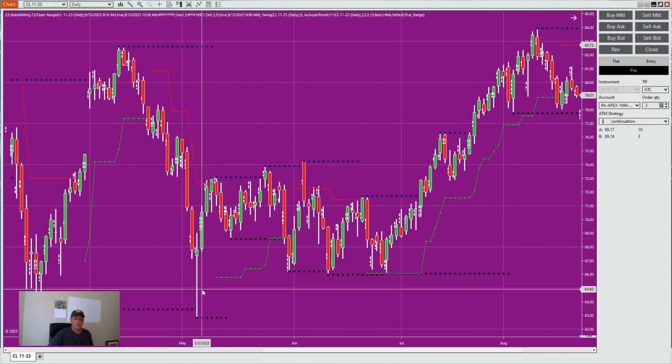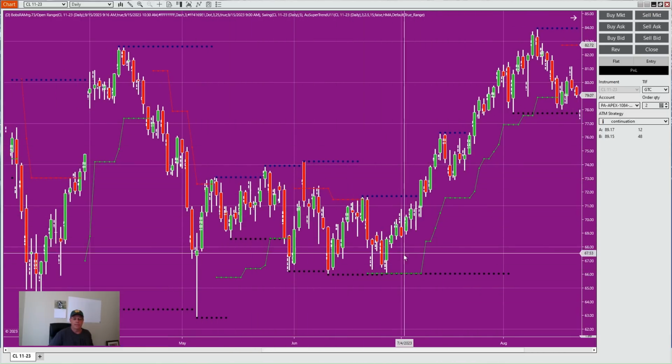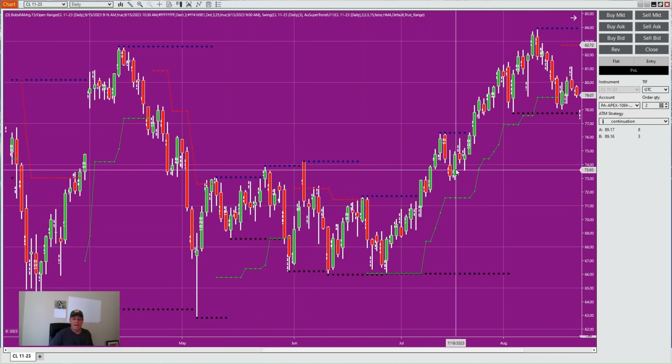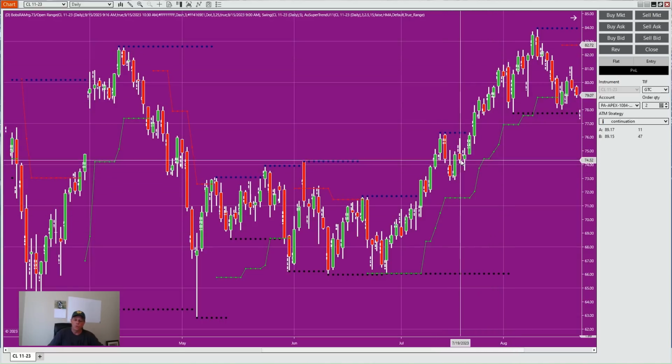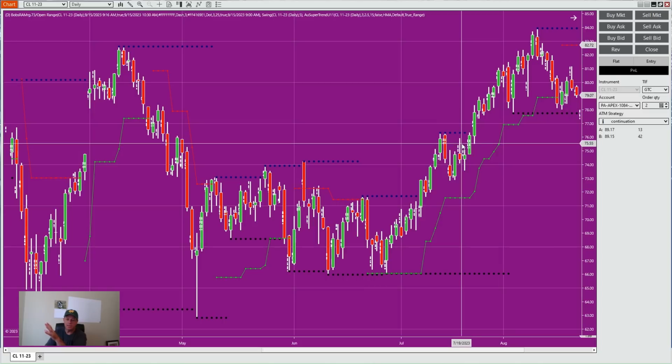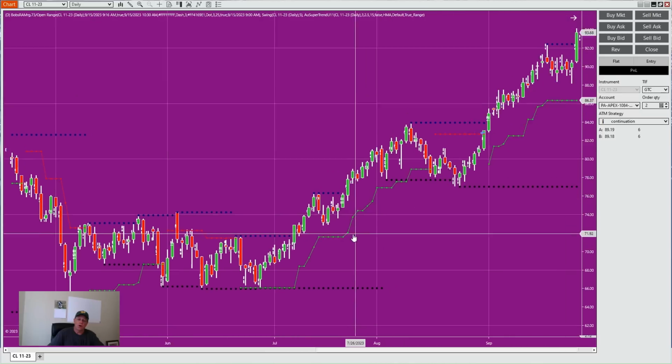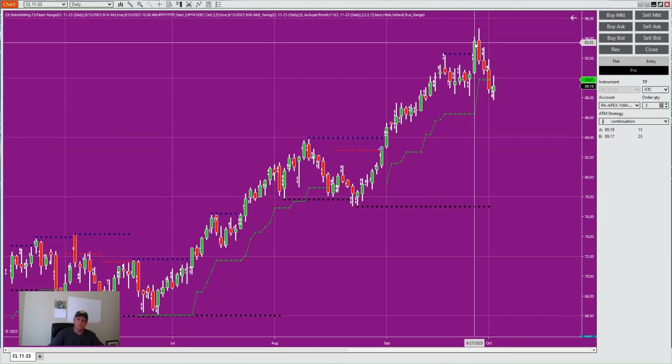How about when this whole area right here was broken, retested, and gone? So we've known that the bias to the long side on oil has been since about July 20th. And that's all that you should be trading is longs on this system. That means you're trading in the direction of the bigger money that keeps pushing price.